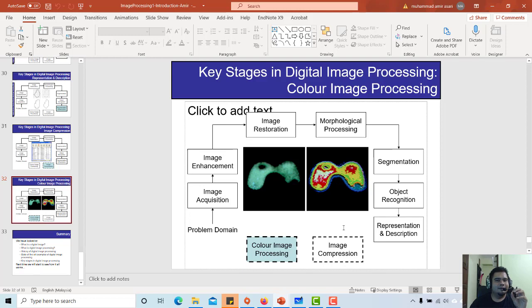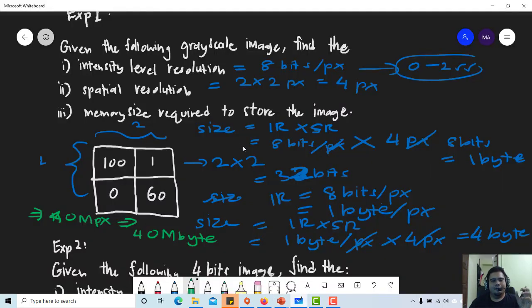But if you save in JPEG, it becomes less than that. That is because of compression, which we do not cover in this curriculum. In reality, technically, that is the memory size required to store the image. And just to remind you, in our syllabus we don't consider any compression mechanism.